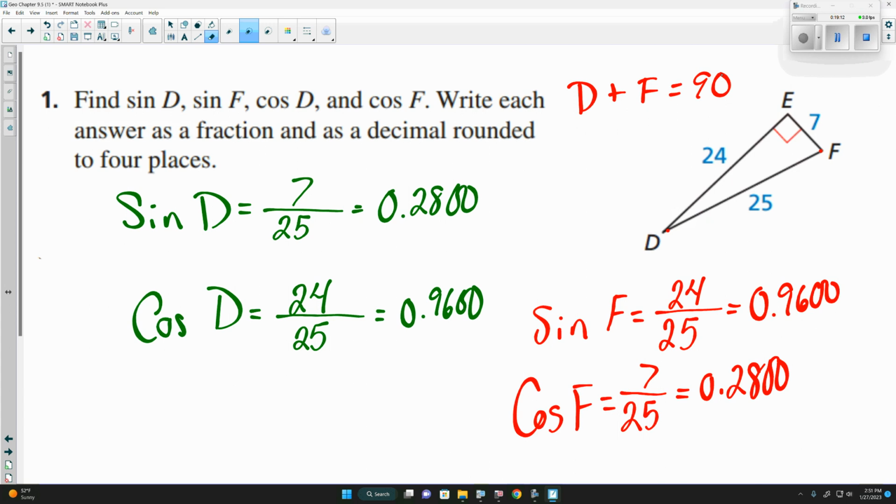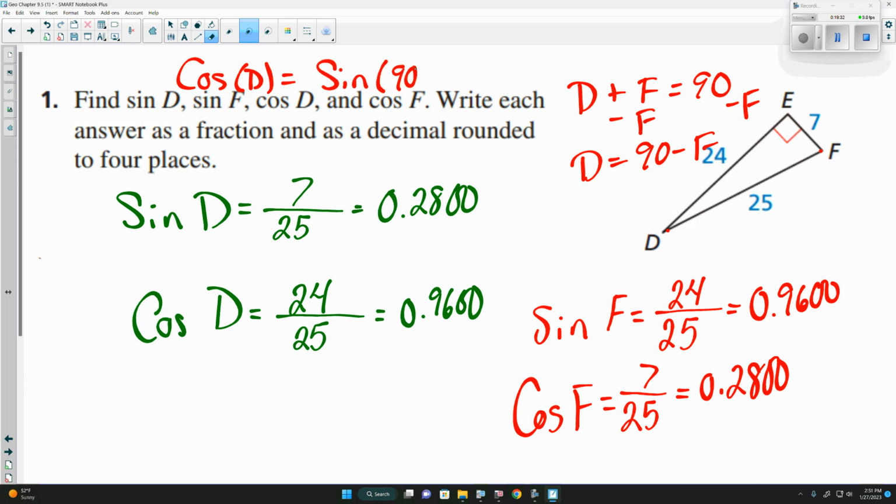Or if I subtract angle F from both sides, we get that angle D is equal to 90 minus F, yes? So cosine of angle D is equal to sine of 90 minus angle D. That's the theorem that they gave us, yes?